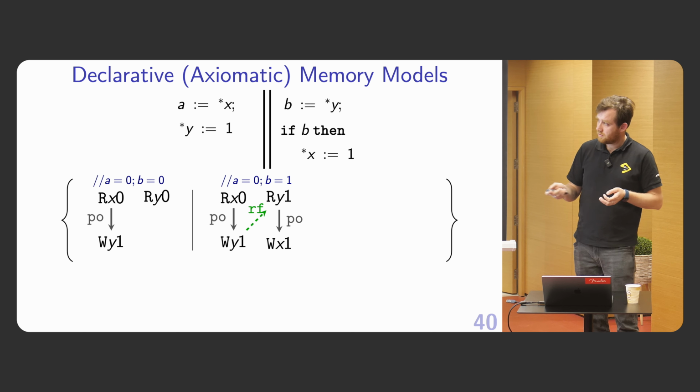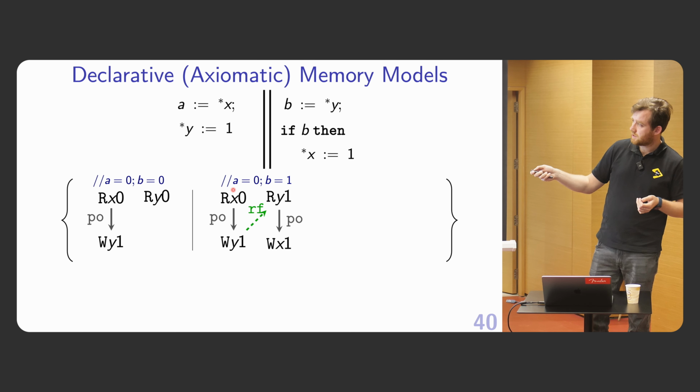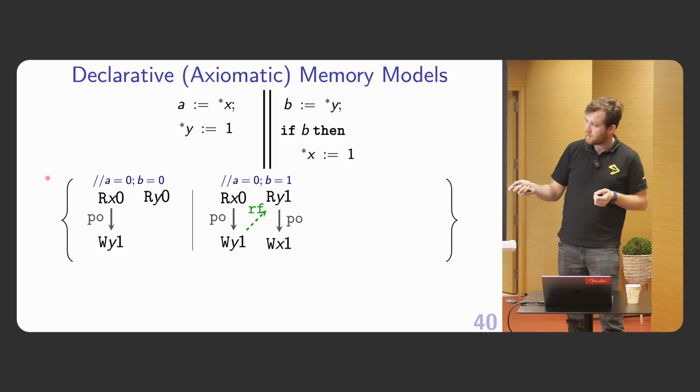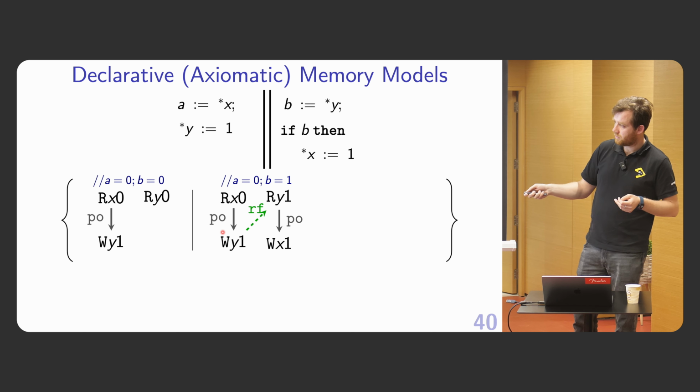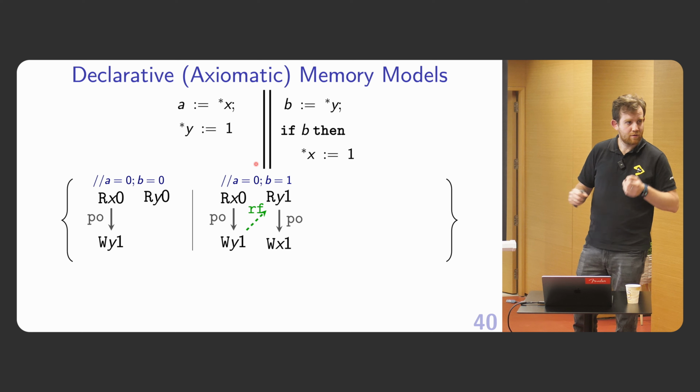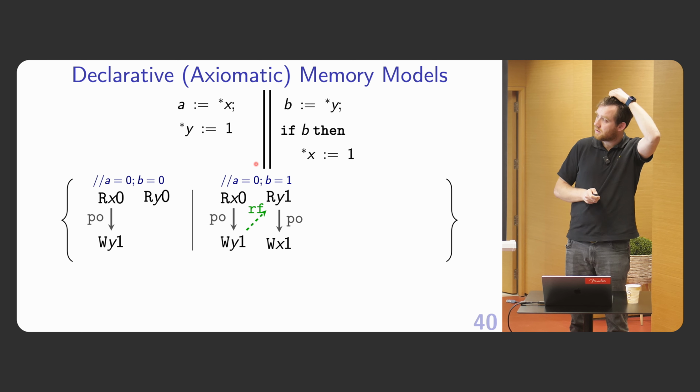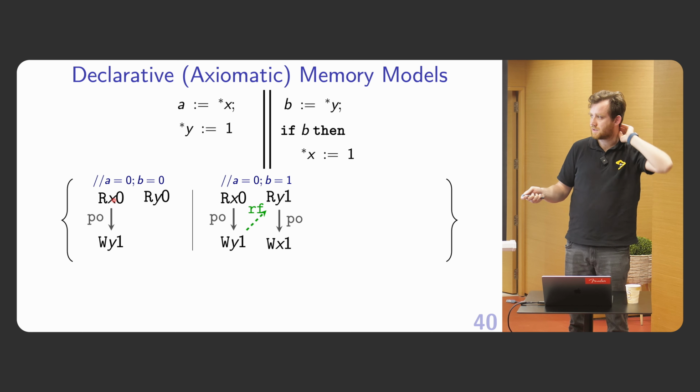The other graph corresponding to this outcome already has 2 memory accesses in the right thread, also ordered by program order. There is another edge going from this write.